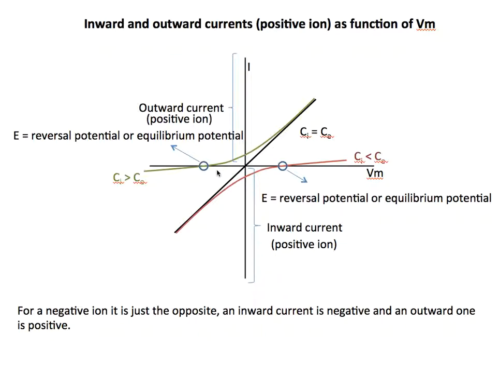So if you have CI greater than CE, that's showing you that the concentration of cations inside is greater than outside, intracellular, extracellular. So if it's greater on the inside and less on the outside, you obviously need some negative potential to trap those higher concentration of cations from leaving.